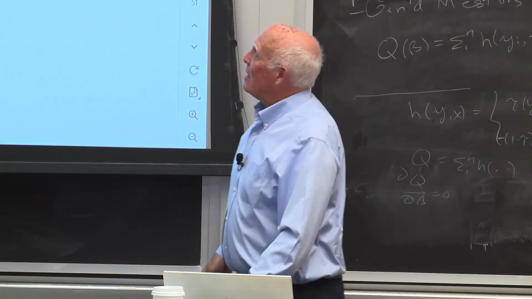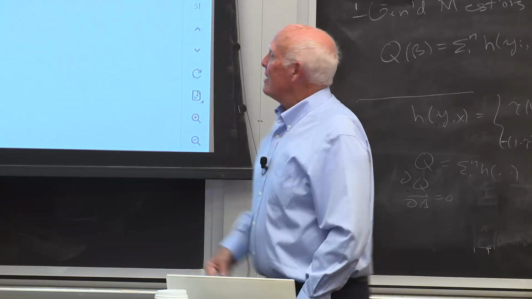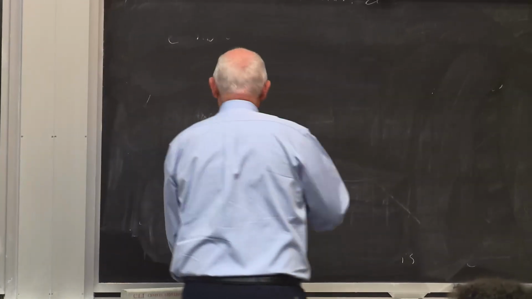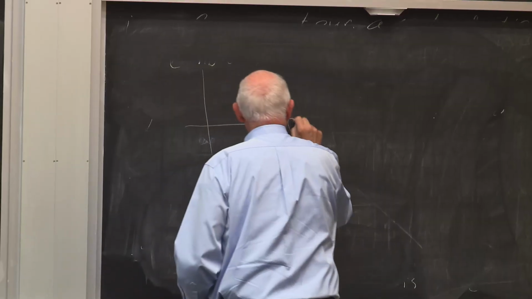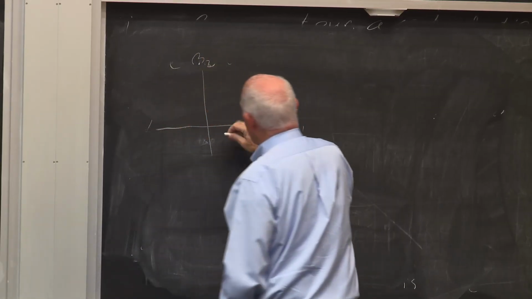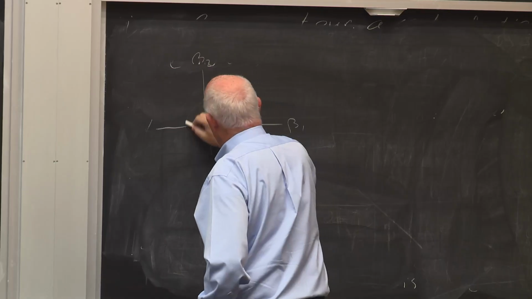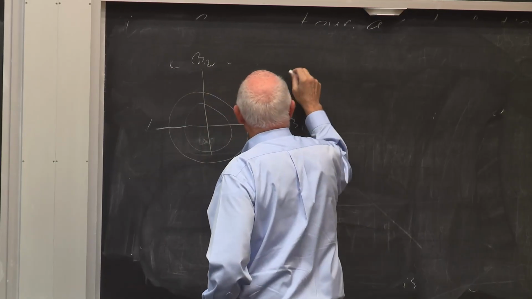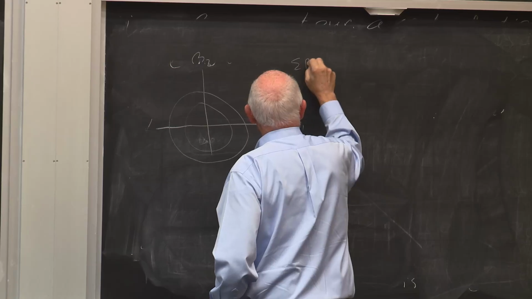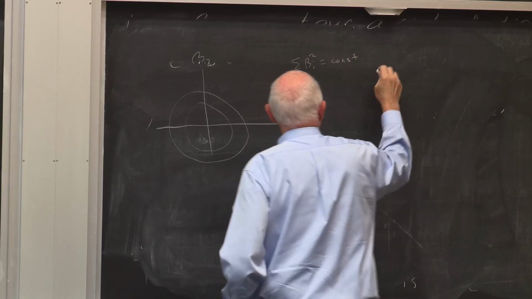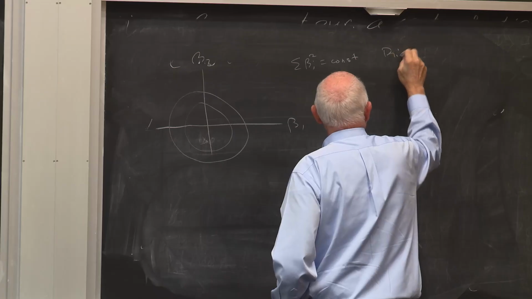But it turns out that, well, let me just draw this. Suppose we have beta 1 versus beta 2, and we're considering penalties. The sum of the beta j squared is equal to a constant. This is the ridge penalty.